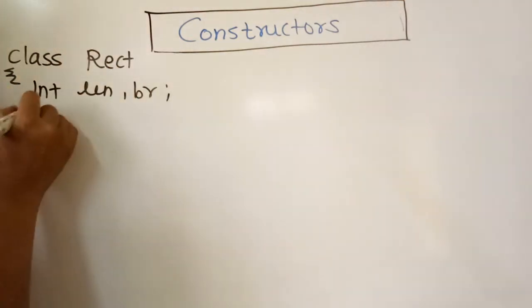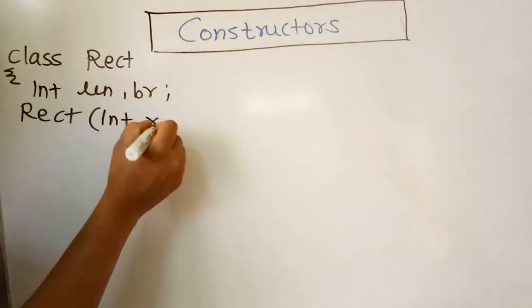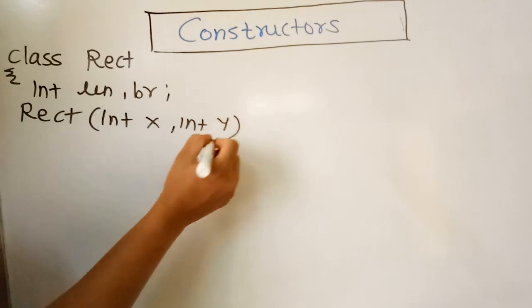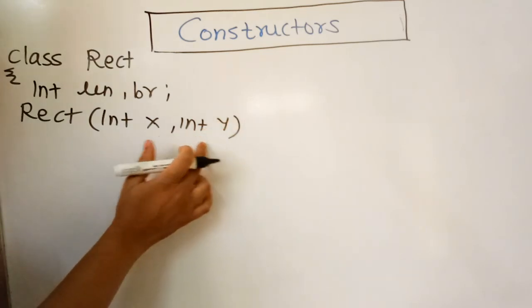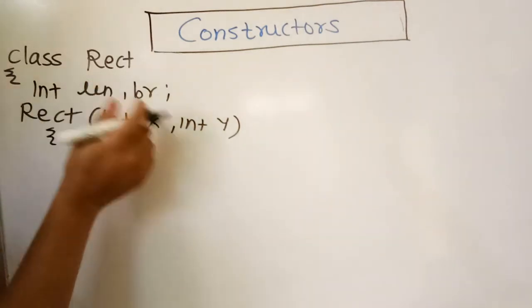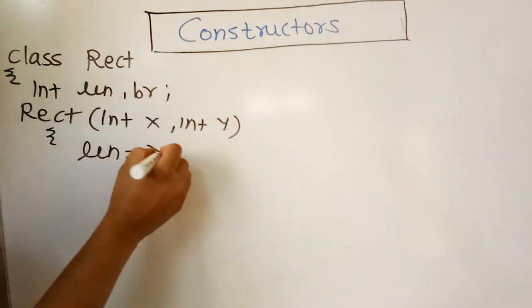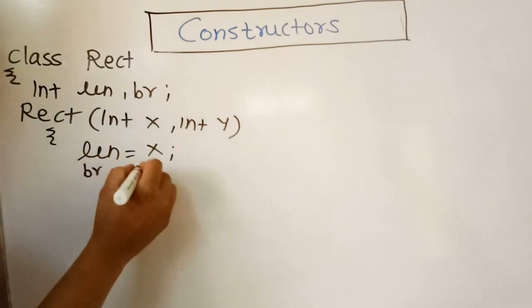Then I will create a constructor Rectangle. And you all know that the parameters, integer x and integer y, will take values from the main method and pass them to the length and breadth. I will initialize x to length and y to breadth. How is it? length = x and breadth = y.